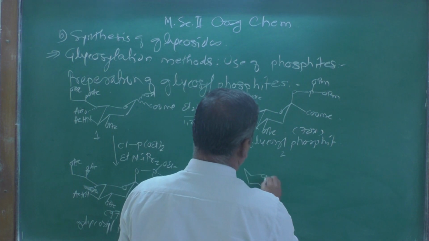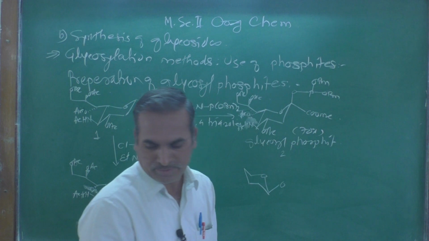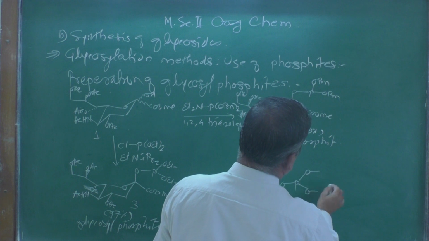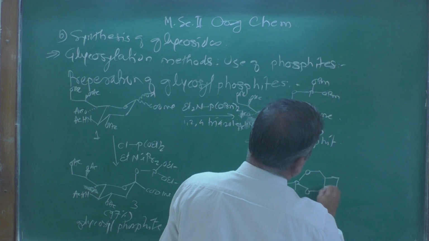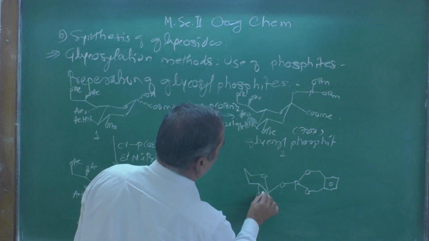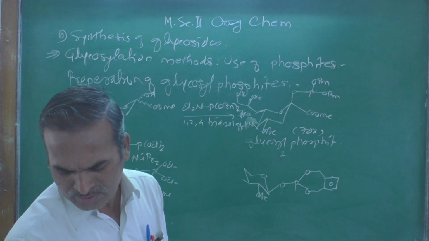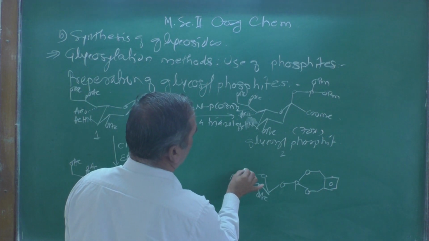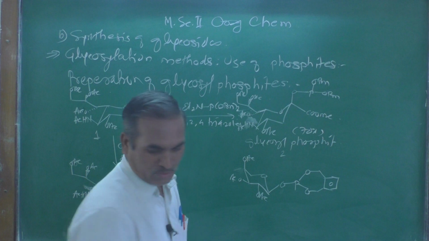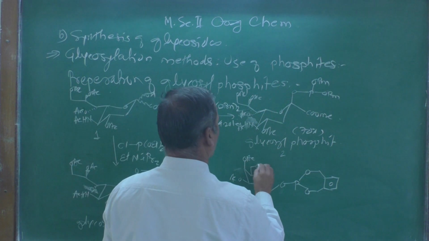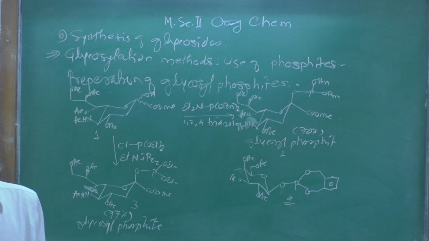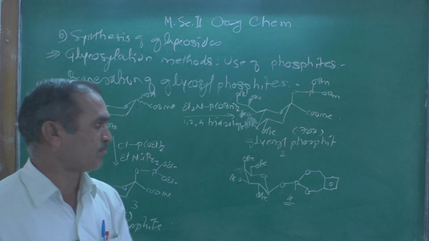Here look at, these are the compounds where we can get P, then O, then there is an aromatic compound over there, and on this side again OAc, an acetyl group OAc, at axial position, and here again OAc. This is structure number 4, which is prepared in a very high yield, and that is also a phosphite.